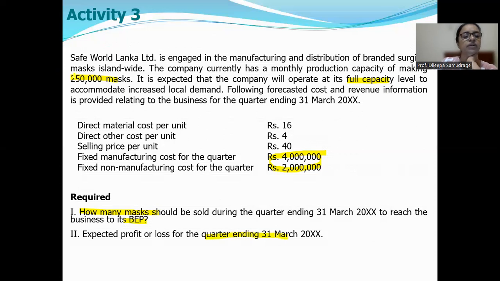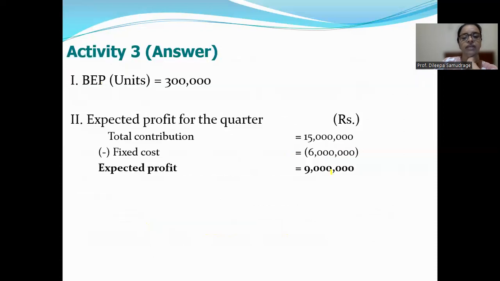Therefore you have to multiply by 3 to get the quarterly information. In the quarter, you produce 750,000 masks. You multiply that by the contribution per unit, 20, and deduct the fixed cost. Then you get 9 million.